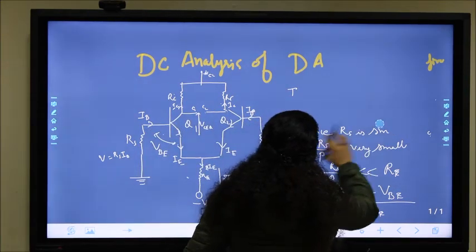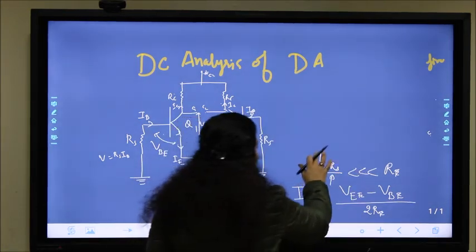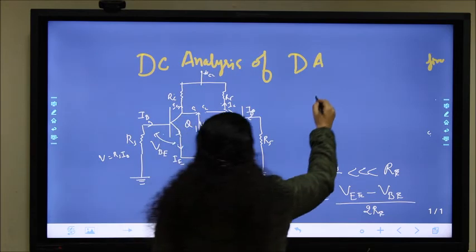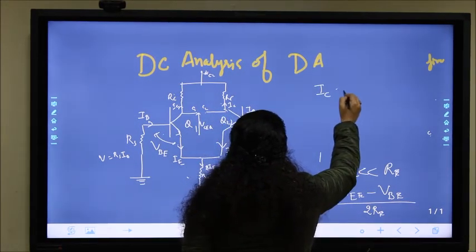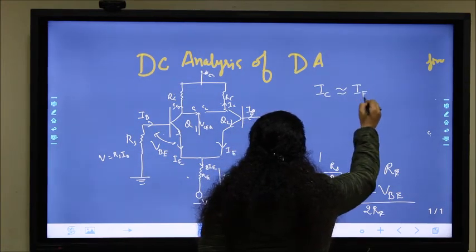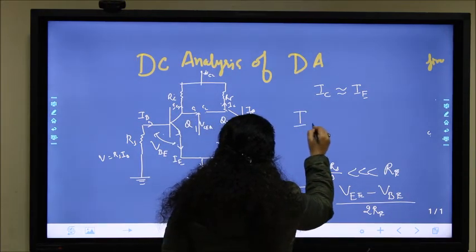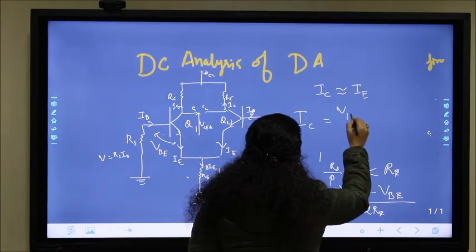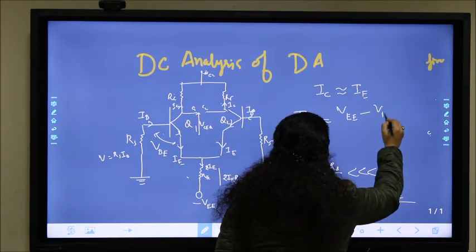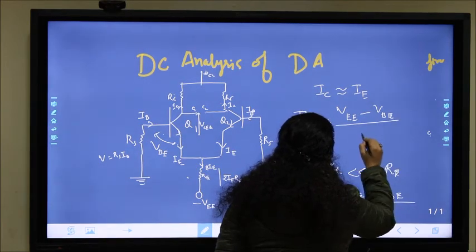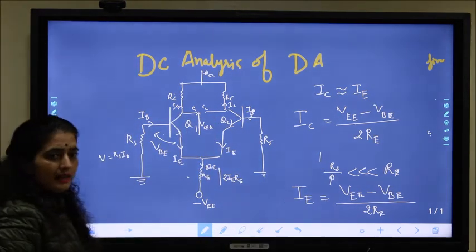Since the circuit is symmetric, the collector current IC is equivalent to IE. So I replace IE with IC, means IC is equal to VEE minus VBE upon 2RE.